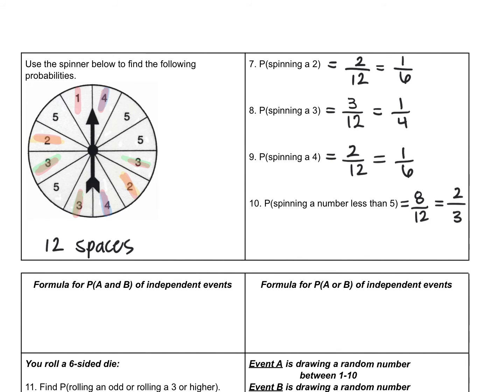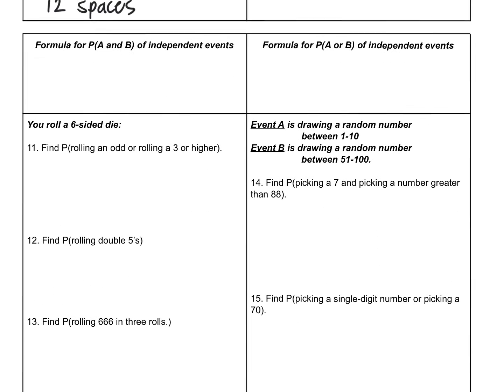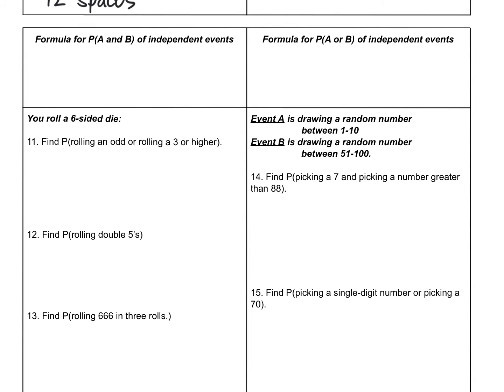So those were single probabilities, which is what we did in section 4. We then, in section 5, talked about probability of A and B and probability of A or B for independent events. The probability of A and B is when we multiply: probability of A times the probability of B. Remember, as long as they're independent, you don't have to worry about changing the denominator or maybe even the numerator.